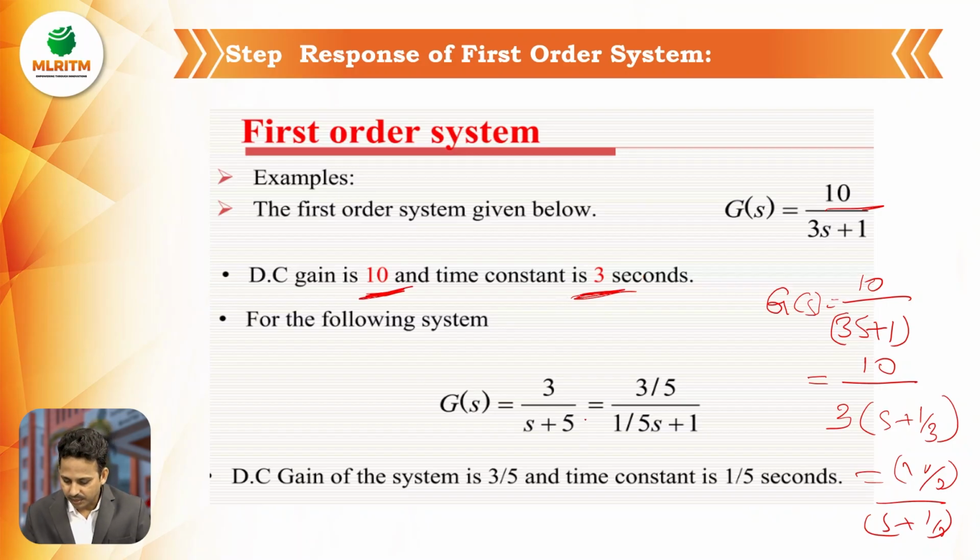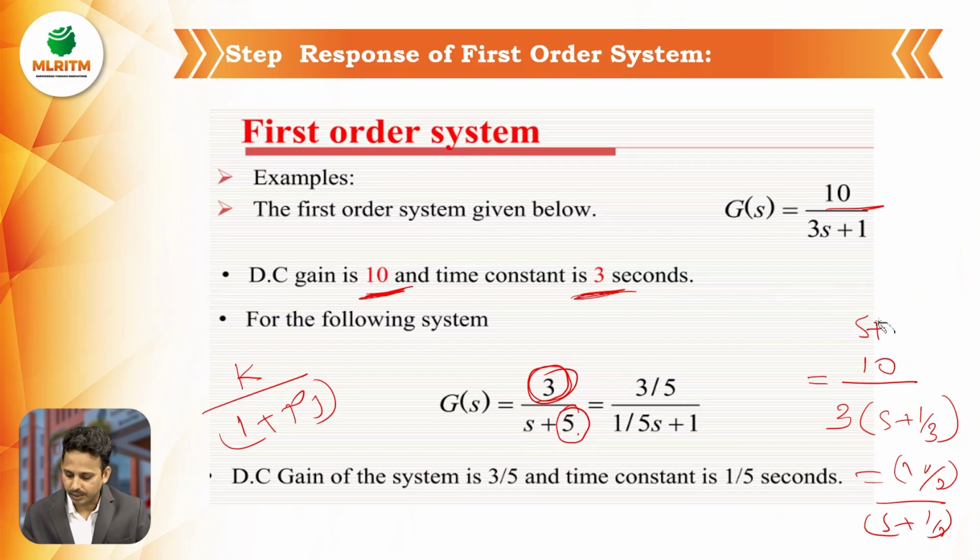For this system, the DC gain value and time constant we have to find. For that, we have to make the system in the form K by 1 plus tau S. Given G of S is 3 by S plus 5, I am taking 5 as common.